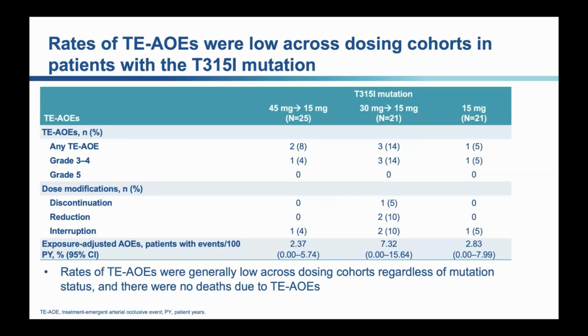However, all in all, the incidence of the cardiovascular side effects was reduced with the approach to reduce the dose after achievement of the 1% BCR-ABL level, only 8% versus historically more than 20% major cardiovascular side effects in this cohort.